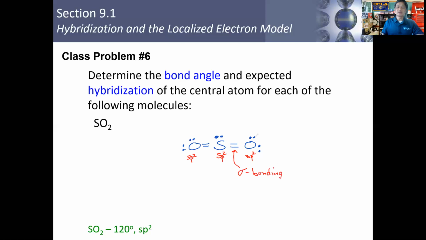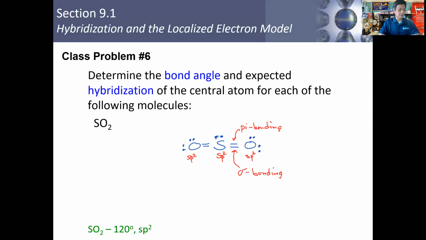which means the other bond of the double bond is going to be an overlap between the remaining electron in the p orbital. So that's going to be a pi bonding interaction. So you have 1 sigma and 1 pi bonding interaction, and that's going to be true for this one as well. With a double bond, people have asked in the past, does that mean all double bonds will have 1 sigma bonding interaction and 1 pi bonding interaction? The answer is yes. I'll recap this for you towards the end as well.